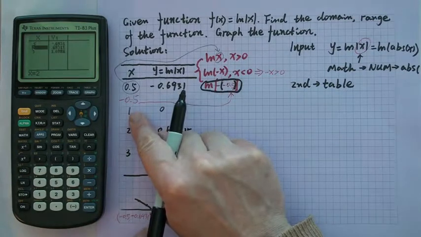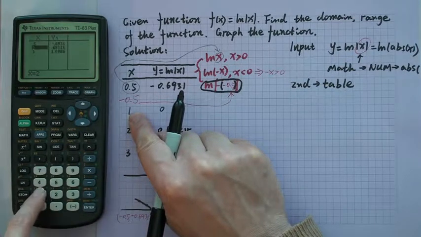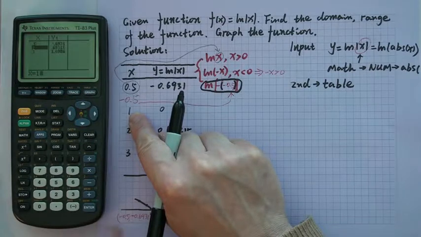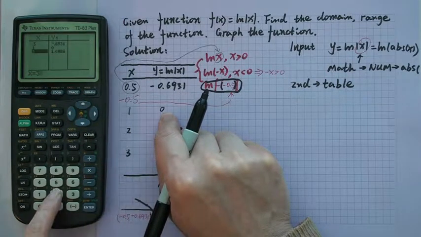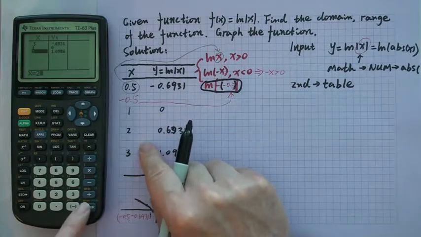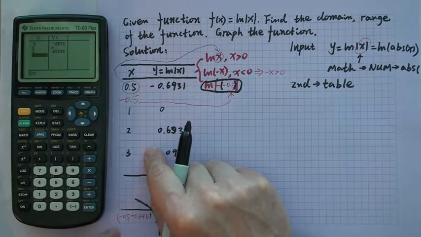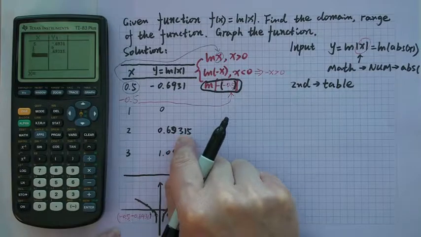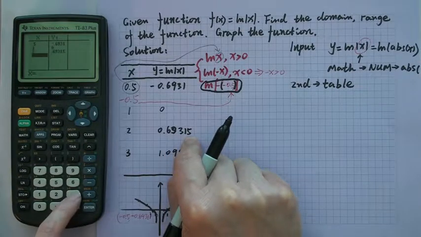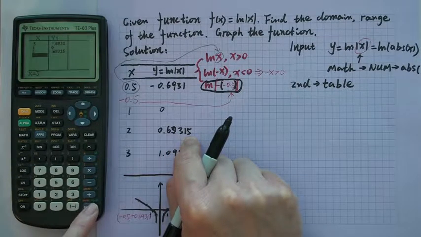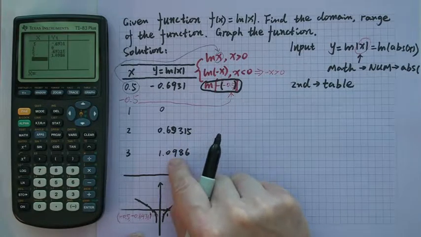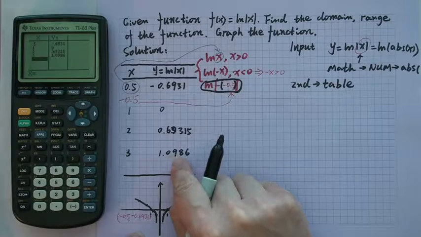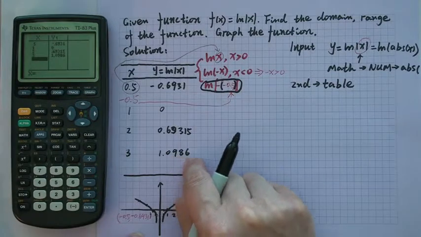And then you input 1 here, you hit enter, you have 0. If you input 2 here, you hit enter, you have 0.6931. If you input 3 here, then you have the answer 1.0986.